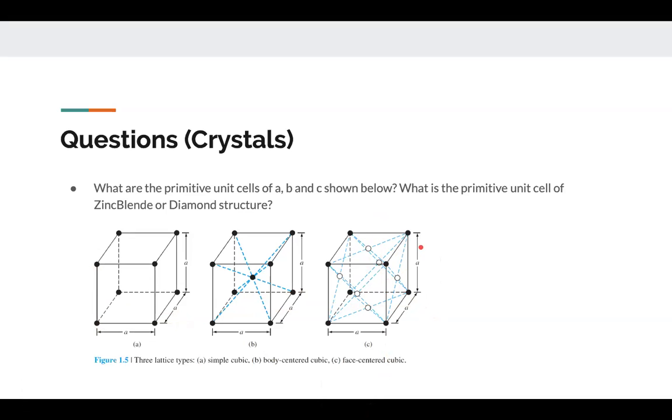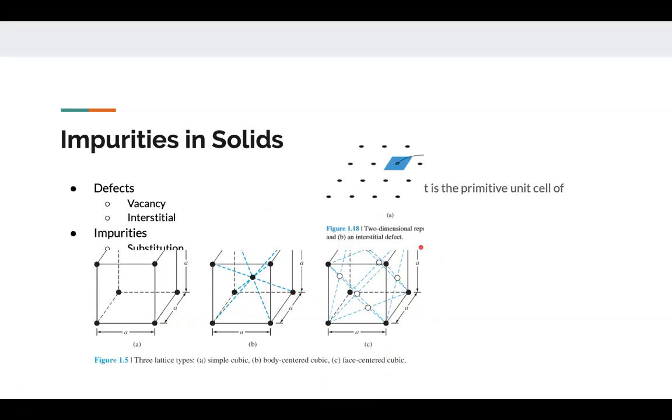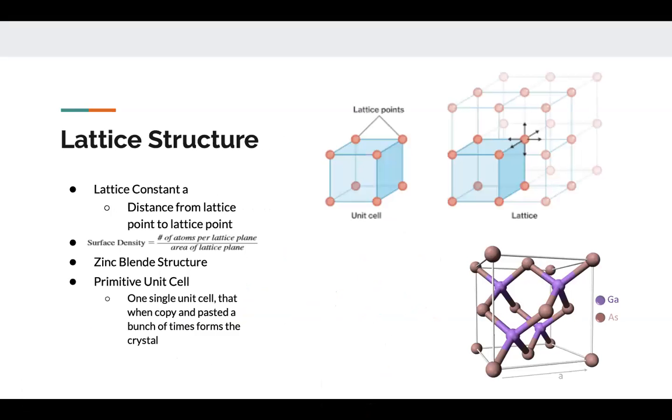Cody, do you want to go back to the zinc blende structure? It's kind of hard to visualize here, but if you look at the dots in the face plane, you can see that they create their own square.